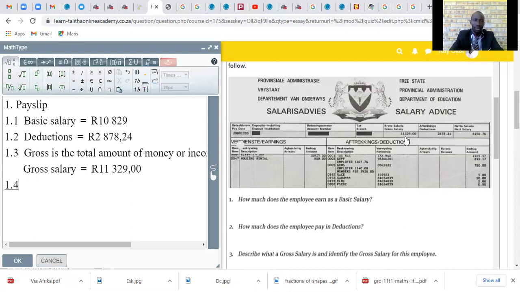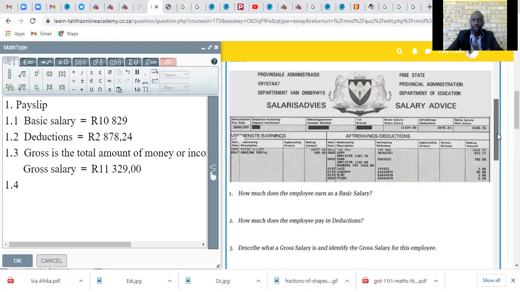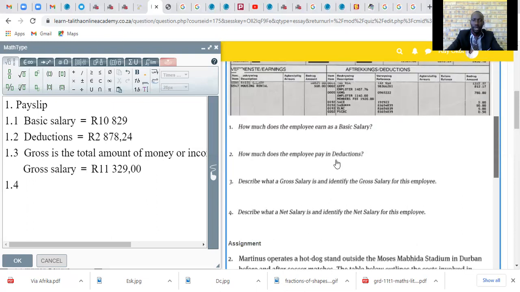Now, what's the next question then? The next question is question 1.4. It is asking us to describe what a net salary is, and then we identify the net salary of the employee.